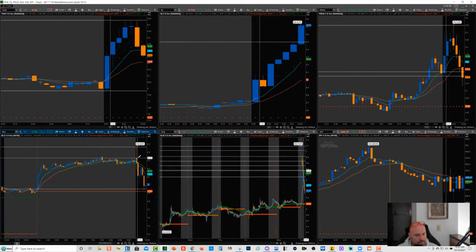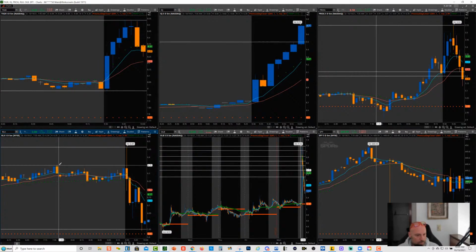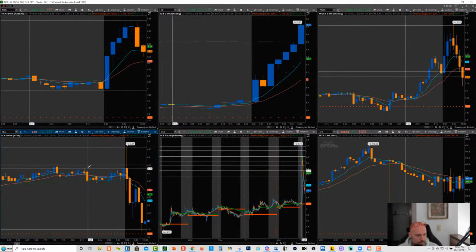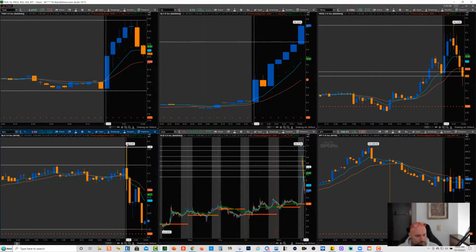So price, you'll see, this is another example of where you've got to be careful. Again, it's all support and resistance, right? Price at the open, you can see that volatility at open many times.